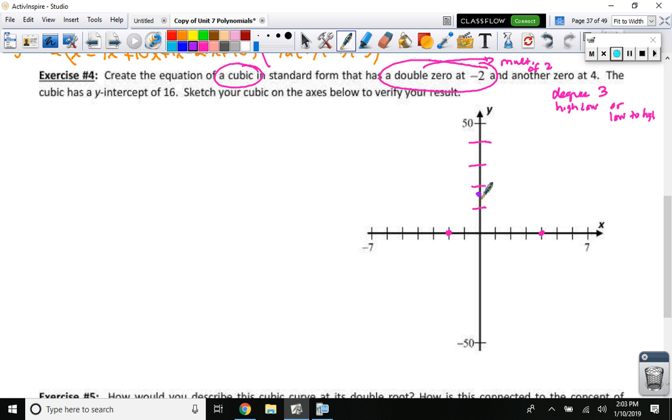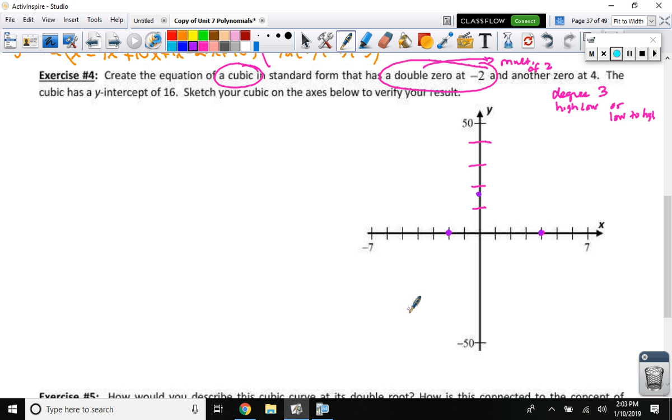Somewhere around there. Okay, so think for a second. I should be able to tell based off this information whether it's high to low or low to high. Which one? High to low. It has to be high to low. Why does it have to be high to low?